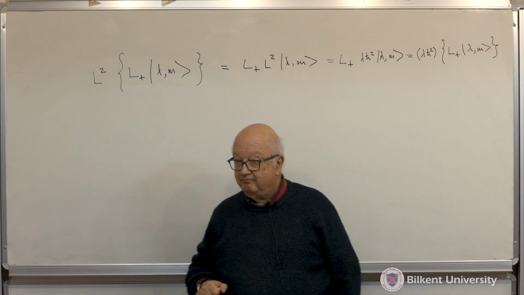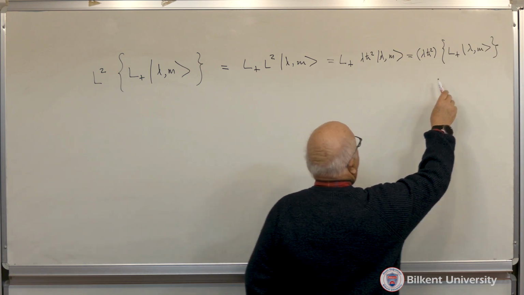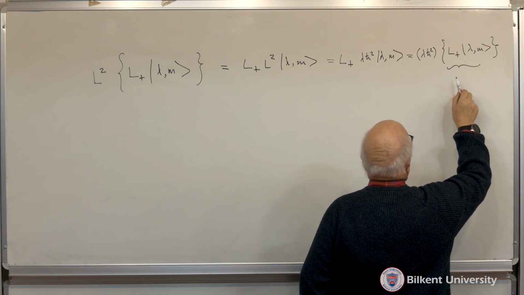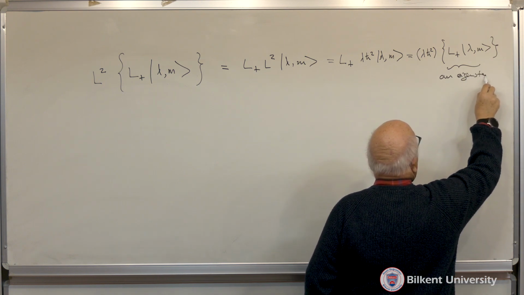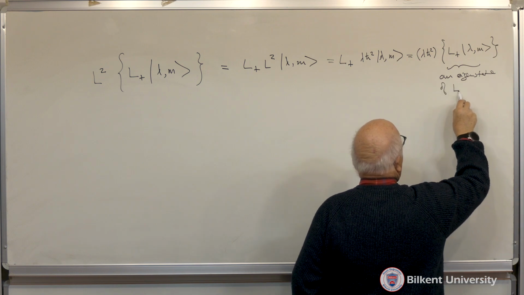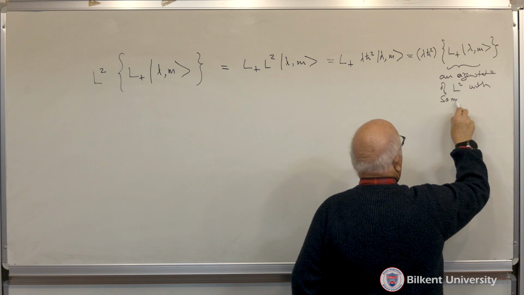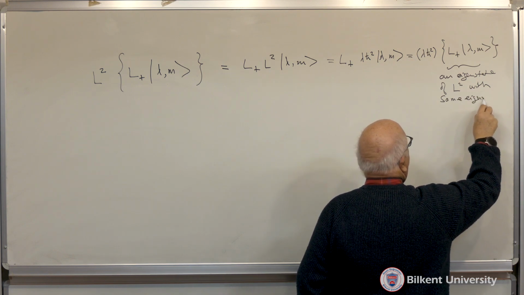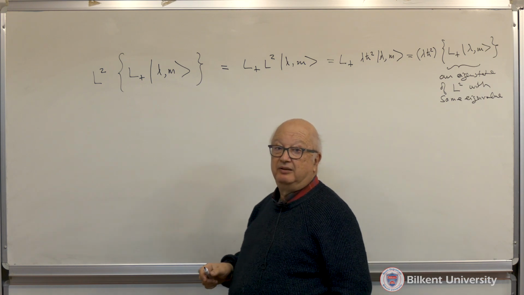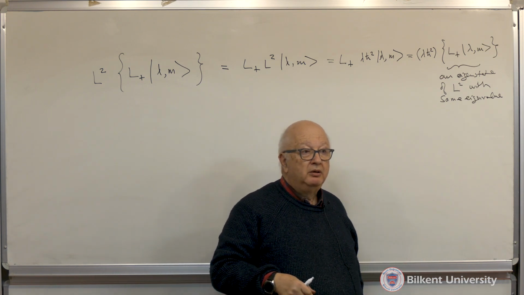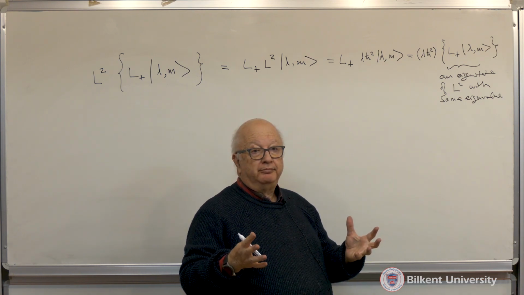Yes, so this object is an eigenstate of L squared with the same eigenvalue. So I have found another eigenket with the same total angular momentum.